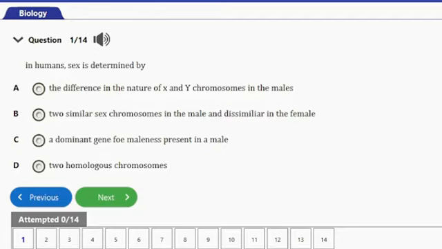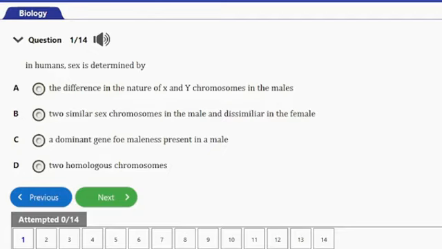chromosomes in males. That's as a result of the fact that it's the males that have two distinct sex chromosomes, that's X and Y, whereas the females have just the same kind of sex chromosomes, that's X and X. So the presence of the Y chromosome determines maleness.